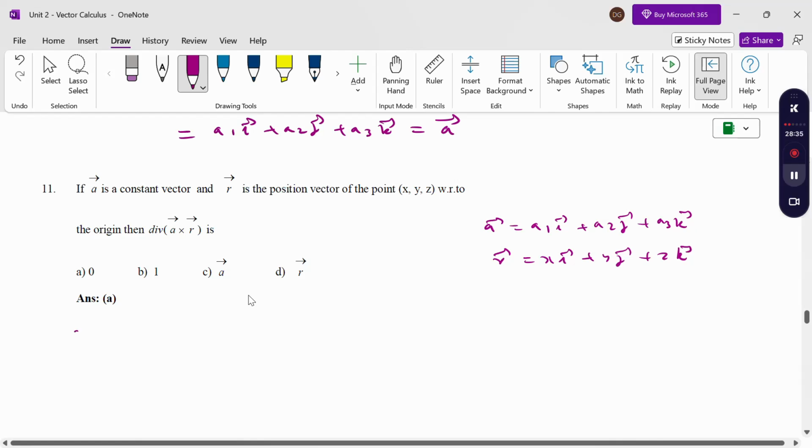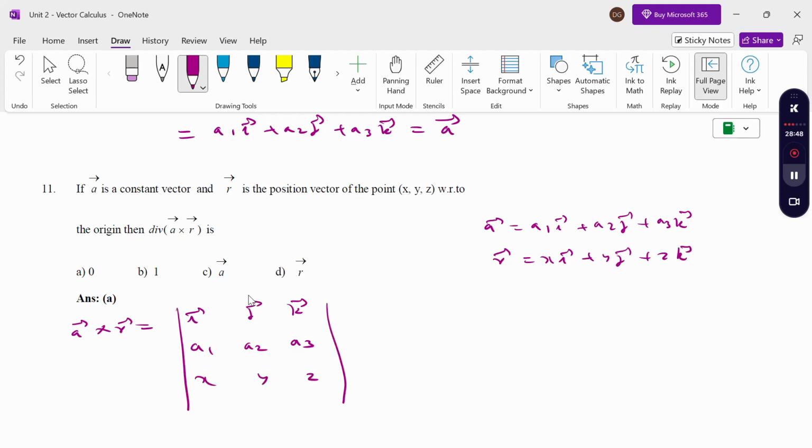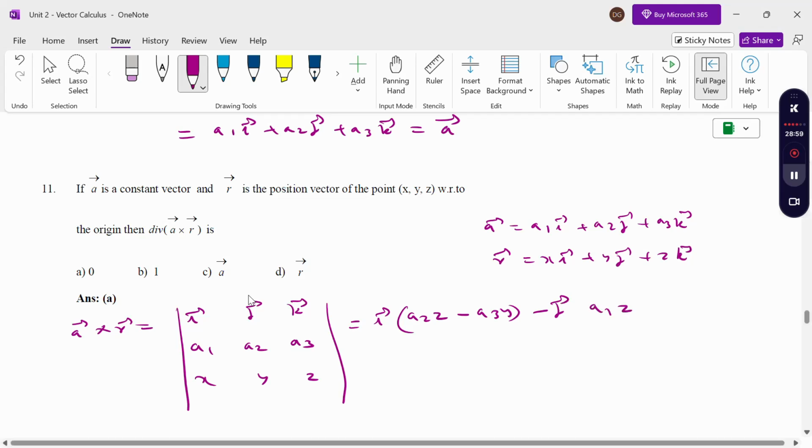Therefore a vector cross r vector: i vector, j vector, k vector, a1, a2, a3 and then x, y, z. Therefore the term i vector into a2z minus a3y, minus j vector a1z minus a3x, plus k vector into a1y minus a2x.